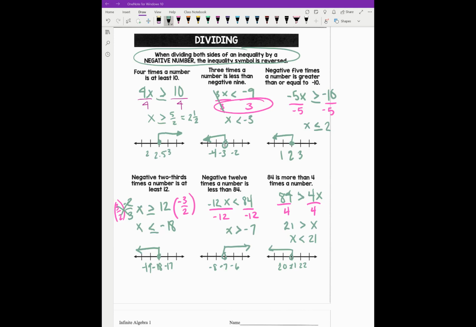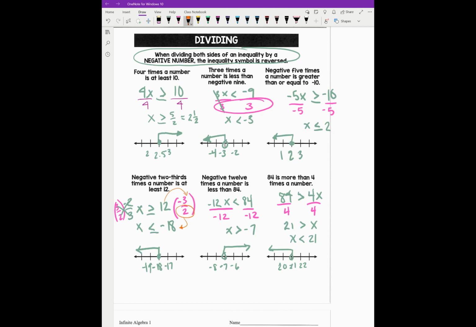In the first one, to solve, you had to multiply by a -3/2. Remember, multiply by that reciprocal of your fraction. So when I did that, and remember when you're multiplying your fractions, think about what's 12 times -3. I got -36, and then divide it by 2. That's how I got -18. So I got x is less than or equal to -18 because I flipped my inequality sign.